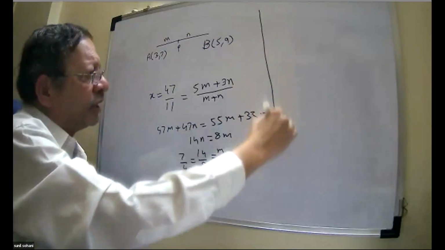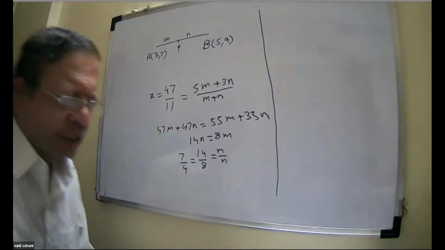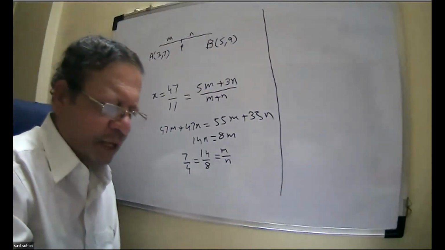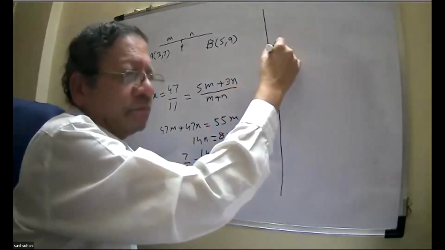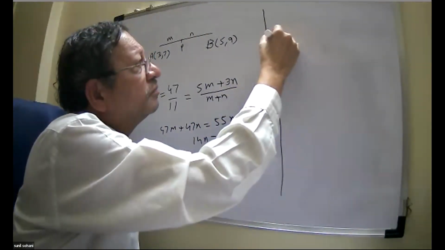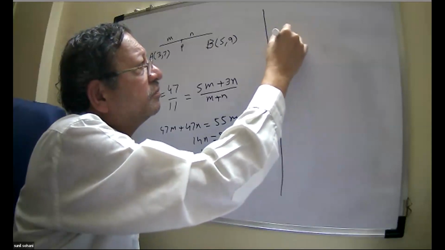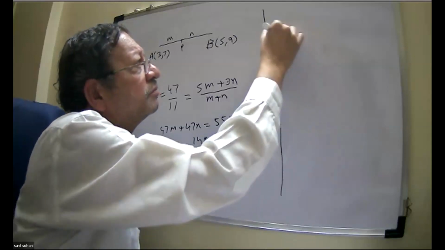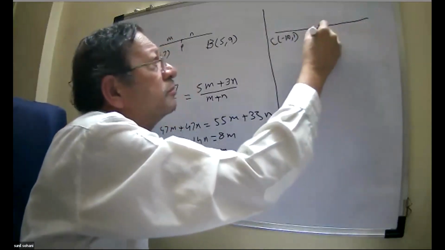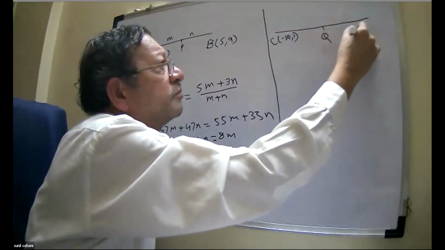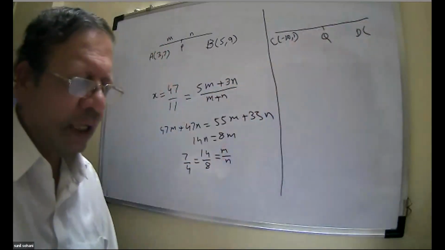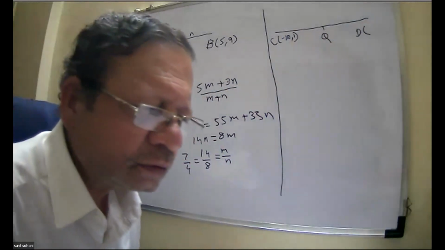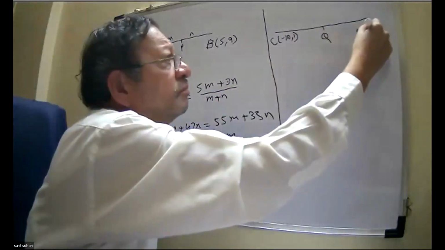Second thing, the second line, CQD. C is minus 10, 1, and D is minus 1, minus 3.